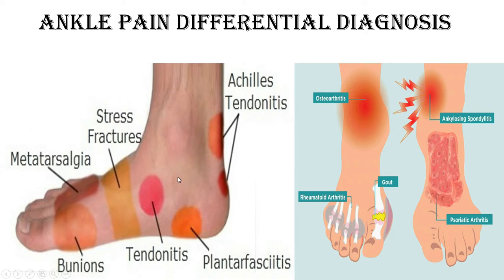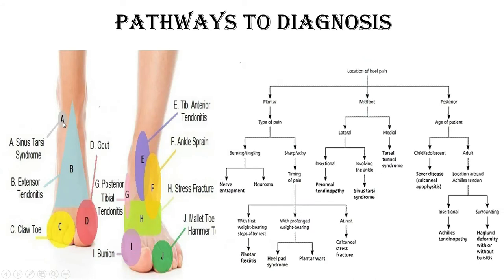If there is any impingement over this area, this is called tarsal tunnel syndrome. But the same thing occurring in the anterolateral aspect is called sinus tarsi syndrome. This is very rare actually.